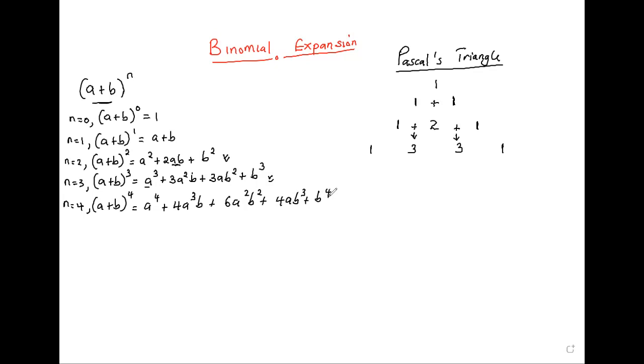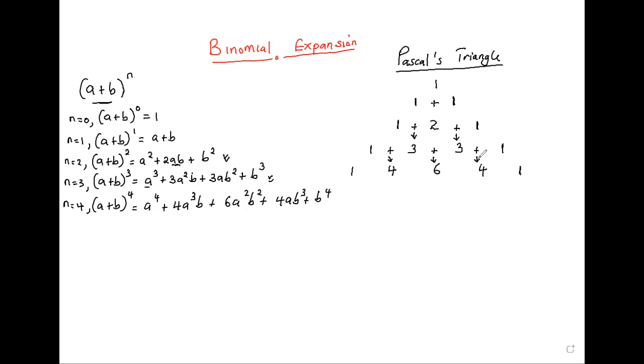You pick the coefficients again. We have 1 for the first one, 4 for the second one, 6, 4, and 1. So it always has that pattern. These numbers are repeating. And again, we see that if we add these two, we'll get this one. If we add these two, we'll get this one.